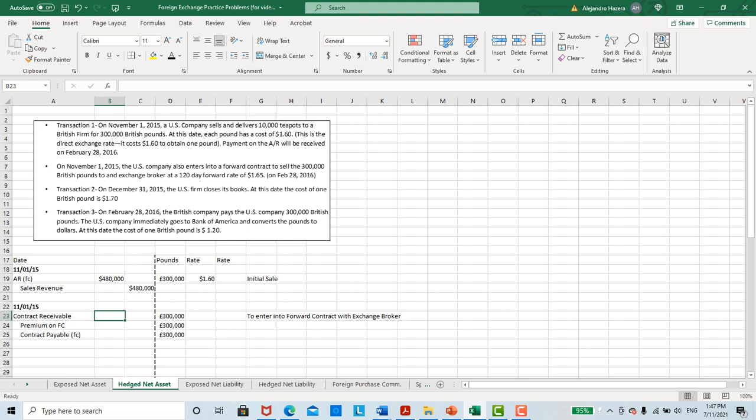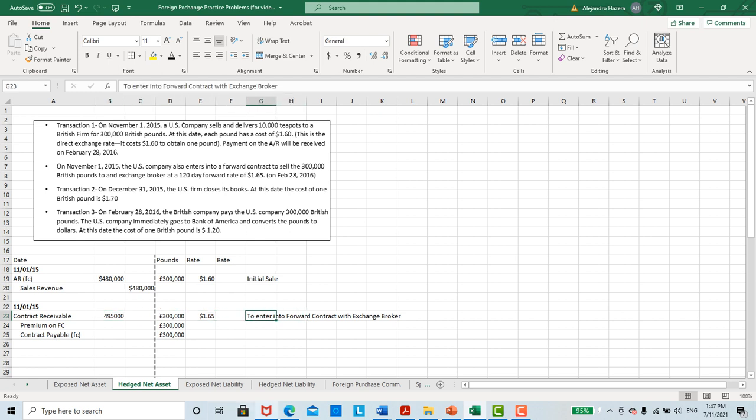Now, the nice thing about this is you'll see here it says the forward rate is $1.65. So the exchange broker is going to give you $1.65 in exchange for each British pound. Okay, so the value of the forward contract, the value of the contract receivable at $1.65, is going to be $495,000.